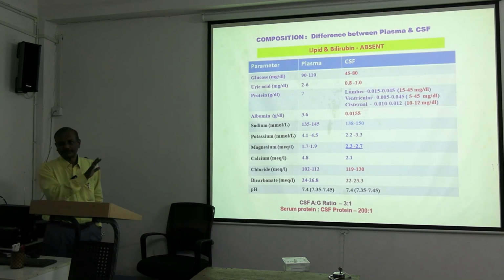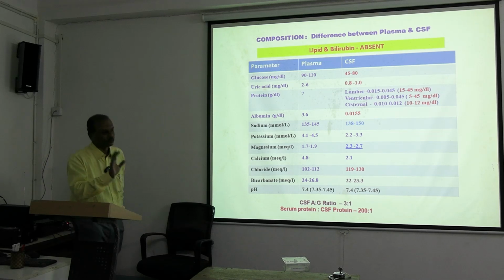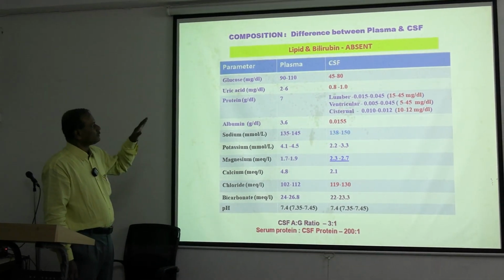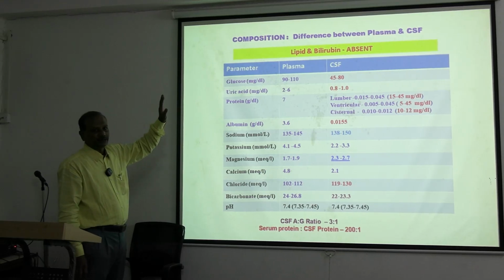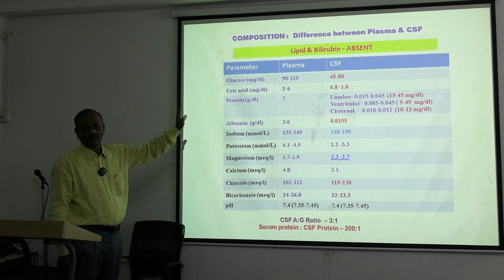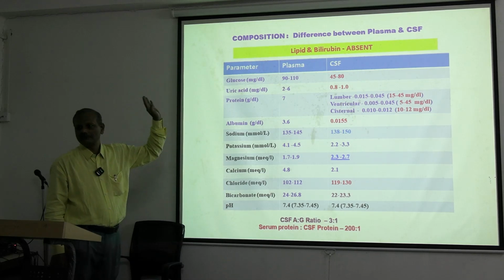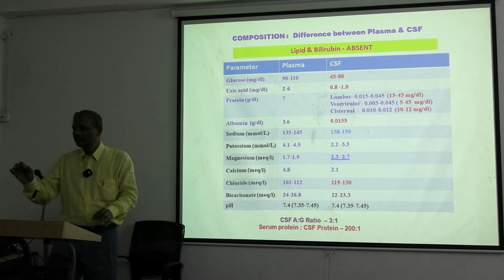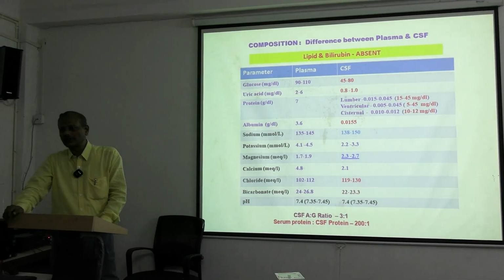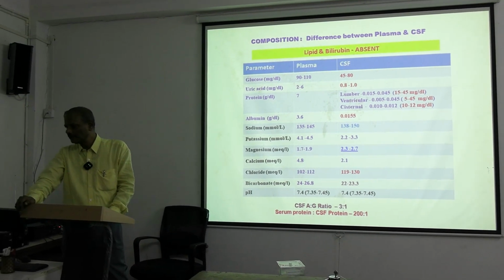So now coming to the biochemistry part, this part was not required if this would have been covered earlier. So, composition between the plasma and CSF. Remember, lipid and bilirubin are conspicuously absent in CSF. In the urine you can get some amount of bilirubin, and that's why the urine color is slightly yellow, pale yellow.